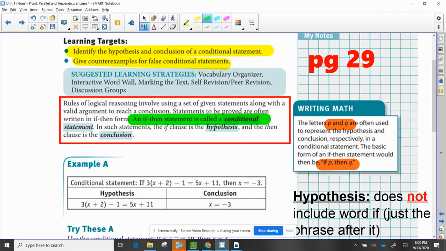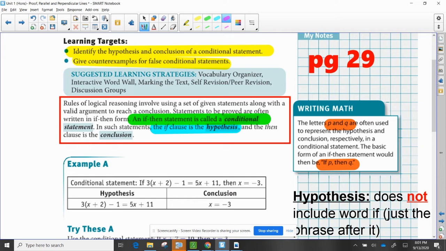Okay. So rules of logical reasoning involve using a set of given statements along with a valid argument to reach a conclusion. So we're going to be given statements here or conjectures that are in the form of if-then. Okay. The if clause we call the hypothesis. Okay, kind of like in science class, you make a hypothesis, you predict what's going to happen.